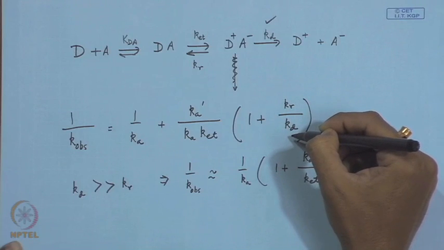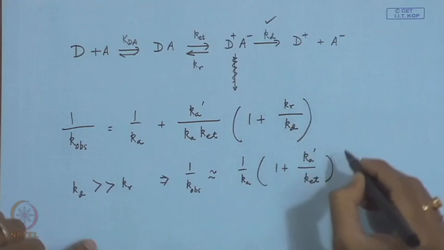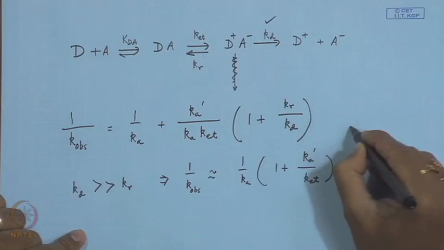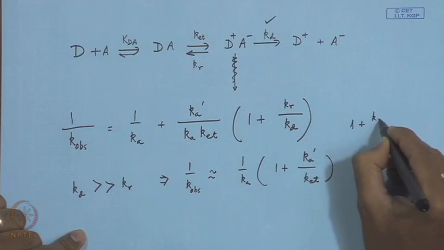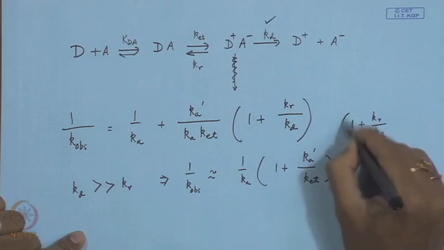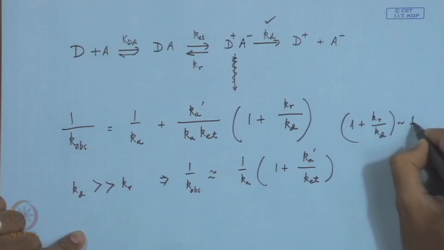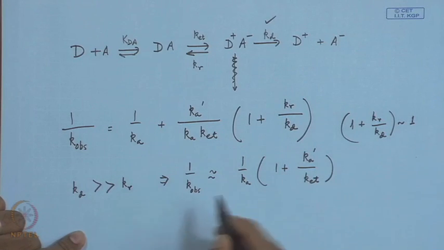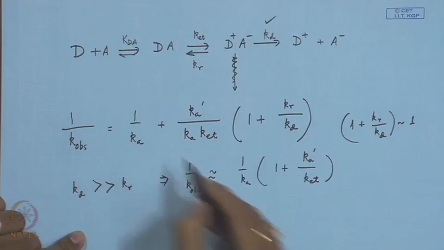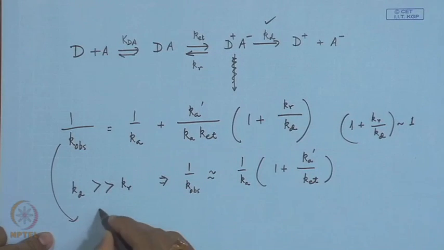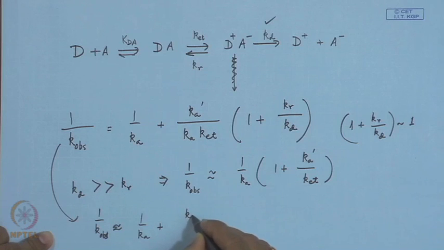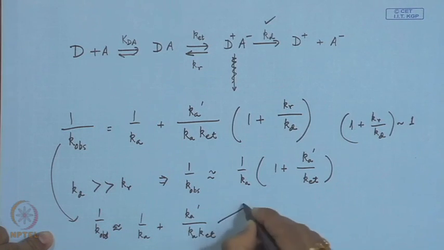In that case, 1 plus Kr by Kd can be approximated to 1. Therefore, 1 by K obs is equal to 1 by Ka plus, approximated, Ka prime divided by Ka KET, which gives you this one.